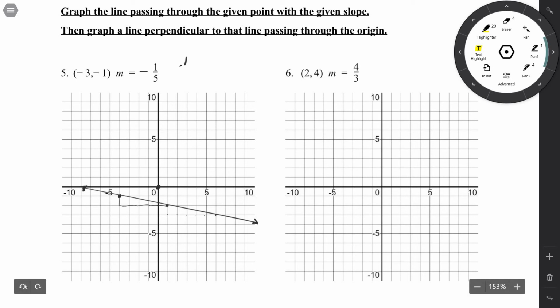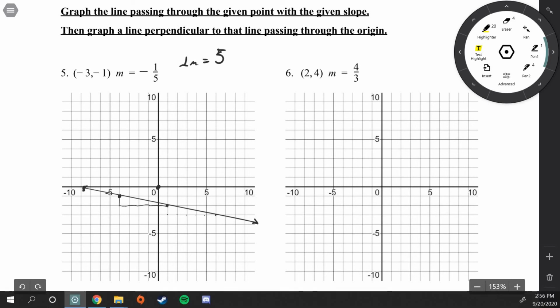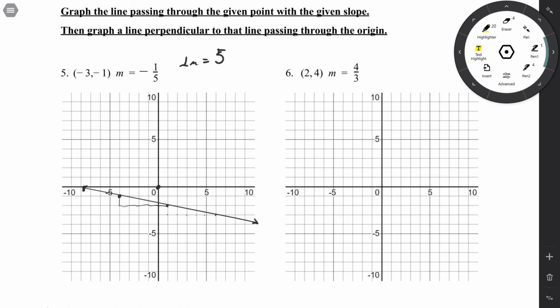The perpendicular slope would just be 5. We would basically remove the negative because we're adding on a negative to a negative and flipping the fraction, so it would be 5. So here we'd go up 5 and over 1, up 5 over 1, down 5 over 1, and I'm going to use my straight edge as well on this one to graph this.